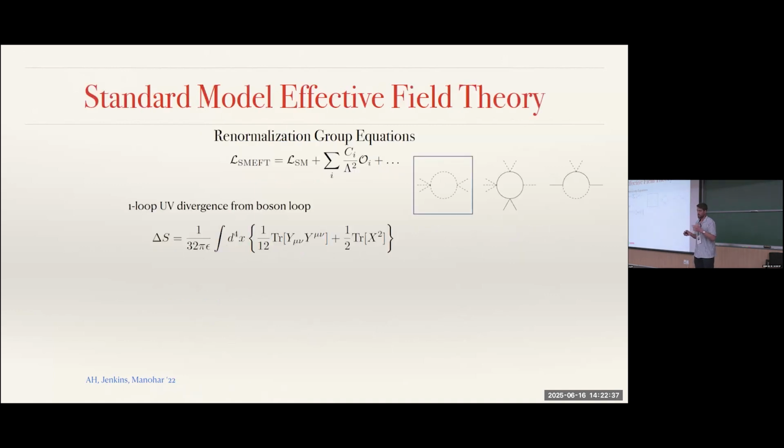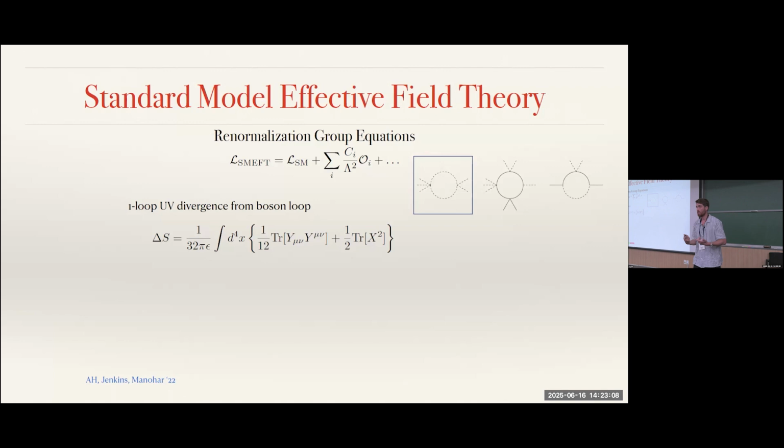Now, if you look at just this scalar loop, 't Hooft showed that for a renormalizable theory, it can be captured in this very simple form. The UV divergence of a generic renormalizable theory can be captured by two simple terms, which look like a mass squared and some F_{μν} squared term, where these X and Y are functions of the background field.